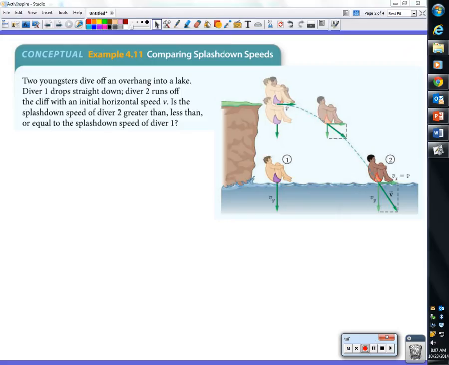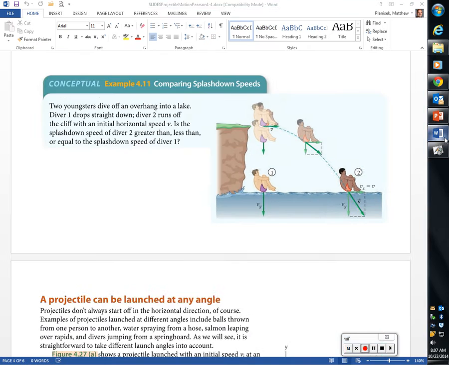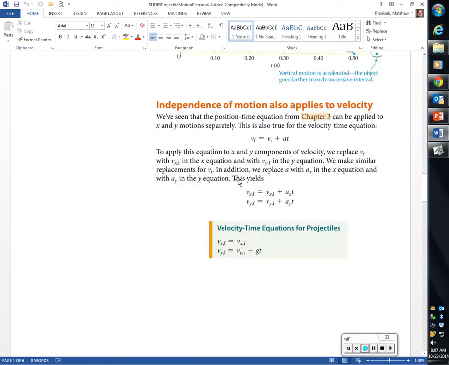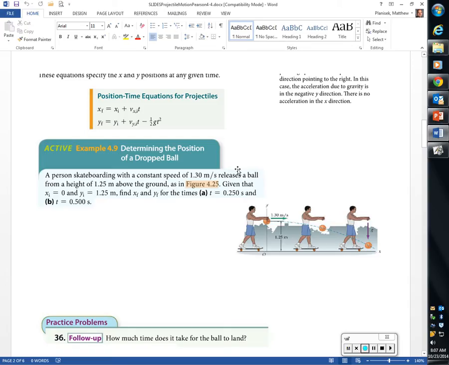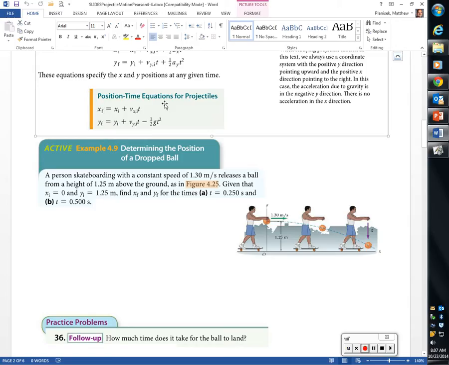As a result, over the first part of section 4.4, we have come across these equations that relate the position of an object and the time, along with the acceleration. Two equations: one for the horizontal motion, one for the vertical motion, because we have to analyze them separately.